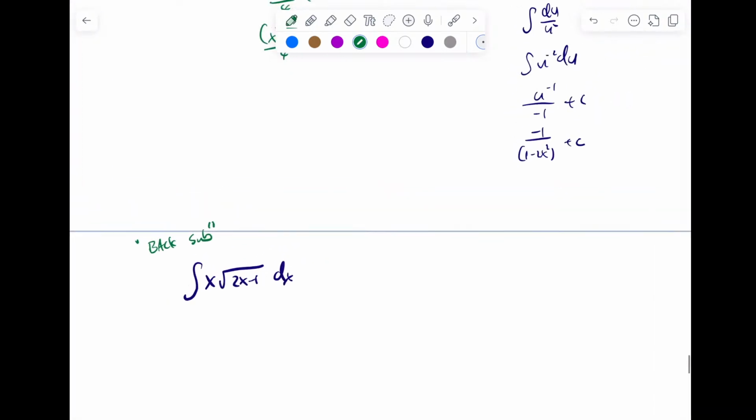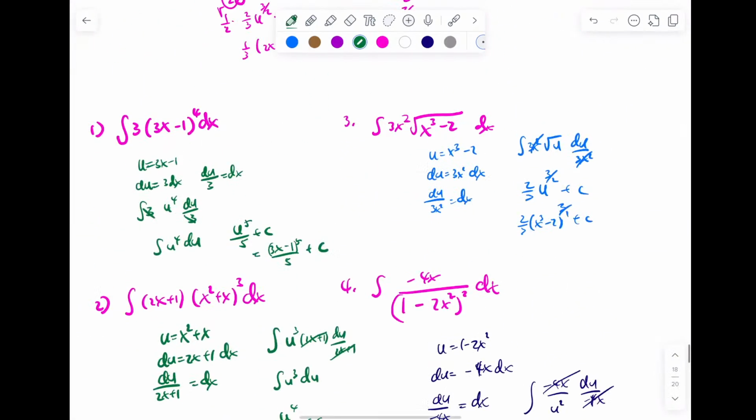The common situation is that the numerator is 1 degree less. Take 3x squared, for example: this is 2 degrees and this is 3 degrees, and in the other one this is 1 degree and this is 2 degrees. It's always 1 degree less outside, so they can cancel.